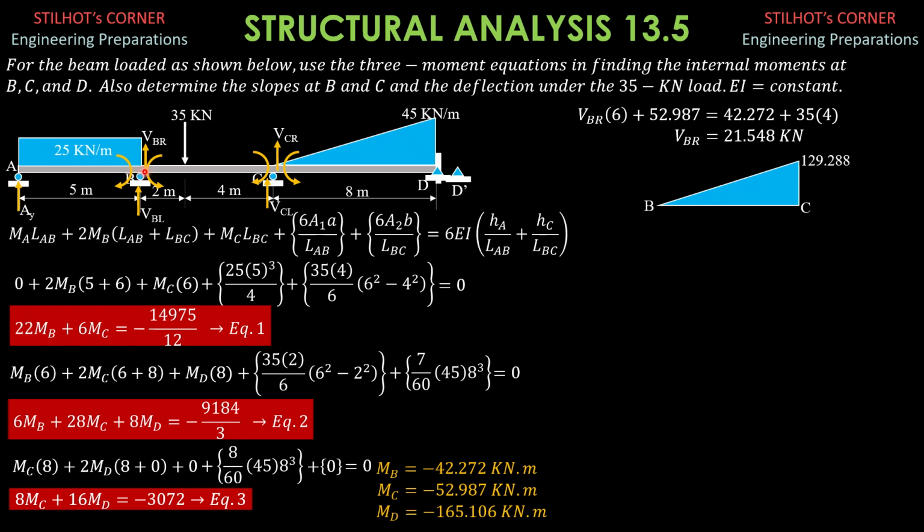Then the moment at B, which is negative 42.272, and the moment of this load, 35 times 4, so 140, but it is negative because we make C the moment center. So if you check 129.288 minus 42.272 minus 140, it should be negative 52.987 more or less.